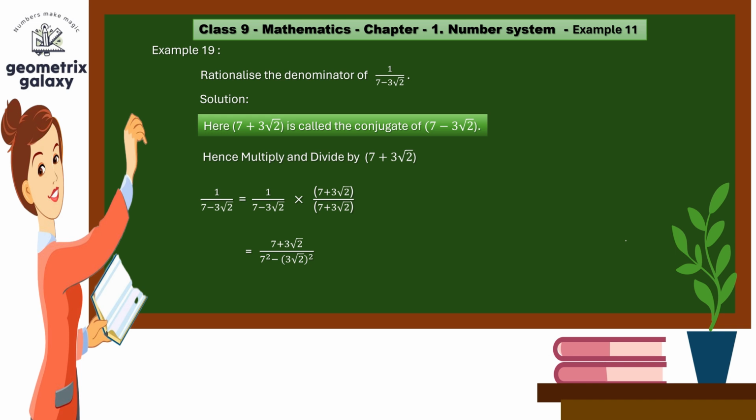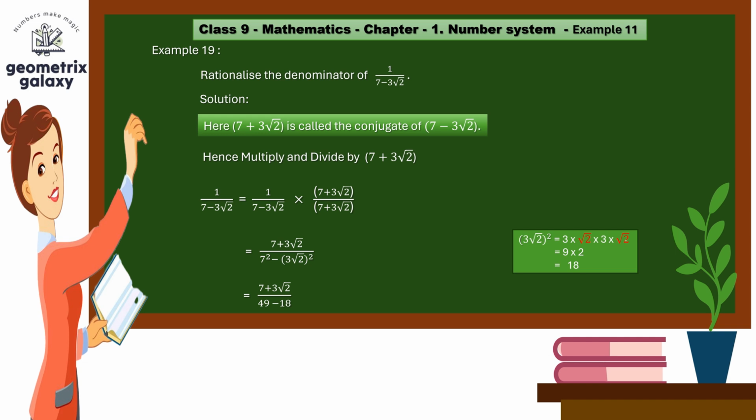Now you all know 7 square is 49, but how to find the answer for (3 root 2) the whole square? (3 root 2) whole square is 3 root 2 into 3 root 2. 3 and 3 if I multiply I will get 9. Root 2 into root 2 is 2. So 9 into 2, 18. So in the next step, 7 plus 3 root 2 divided by 49 minus 18.